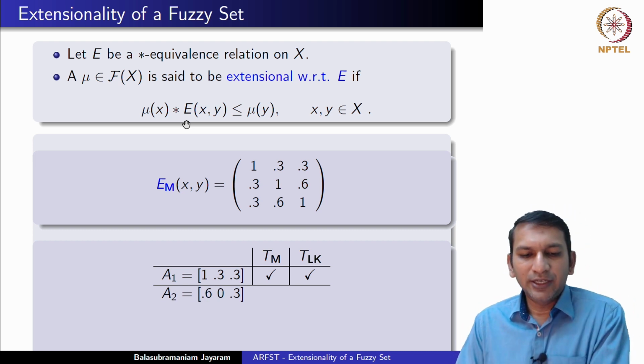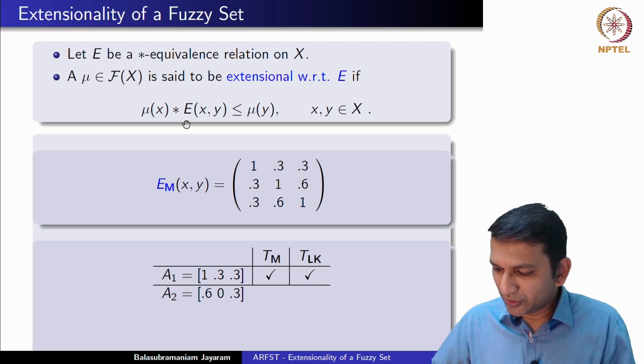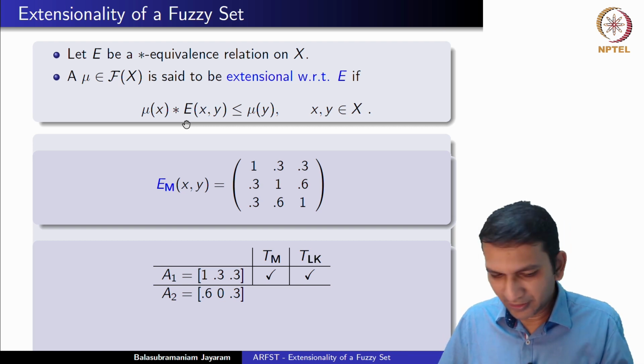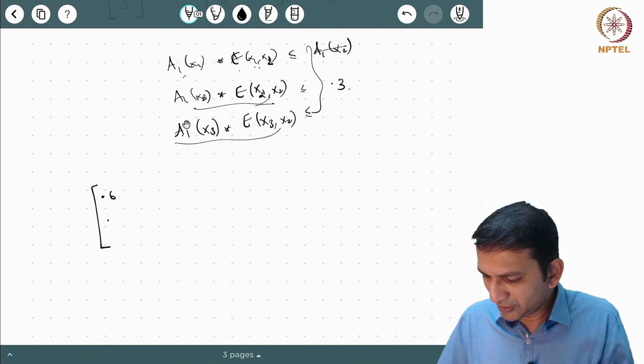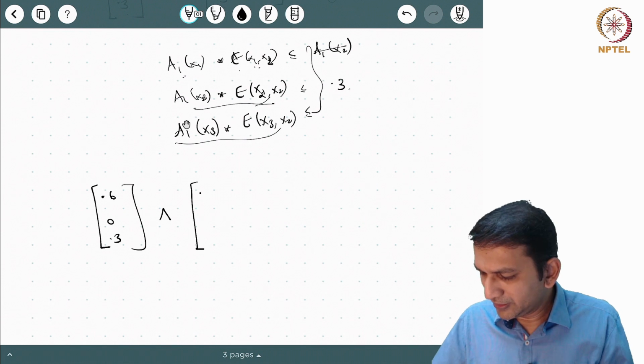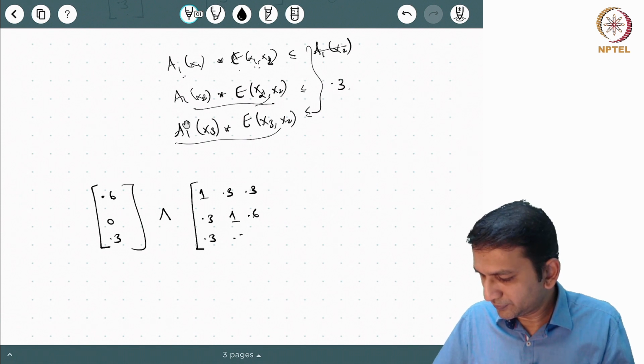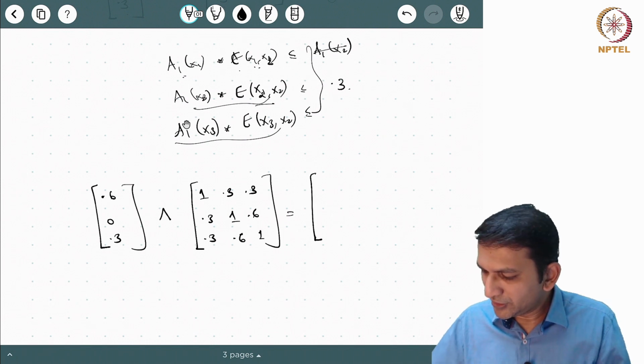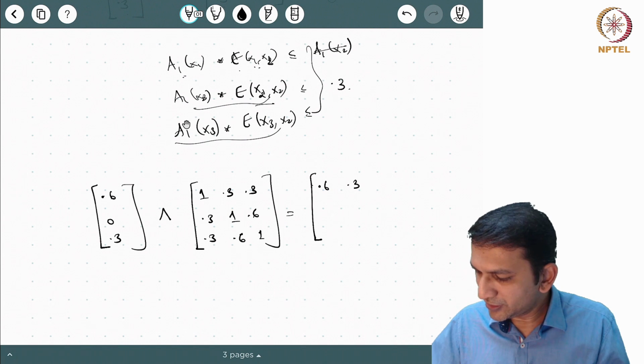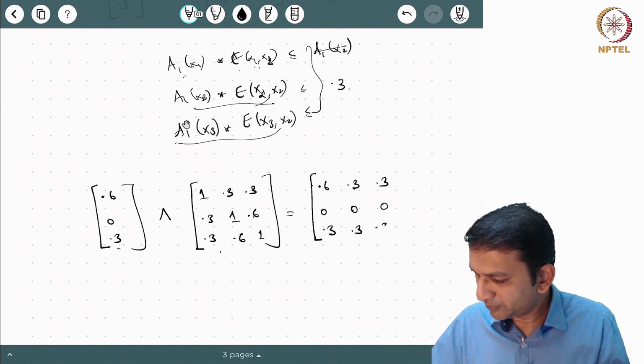Now, let's consider A2. We need to do the same thing again. Let's write A2 like this, (0.6, 0, 0.3), and we consider min: 0.6 min 1 is 0.6, 0.3, 0.3, 0, 0, 0, 0.3 in this row, 0.3, 0.3, 0.3.